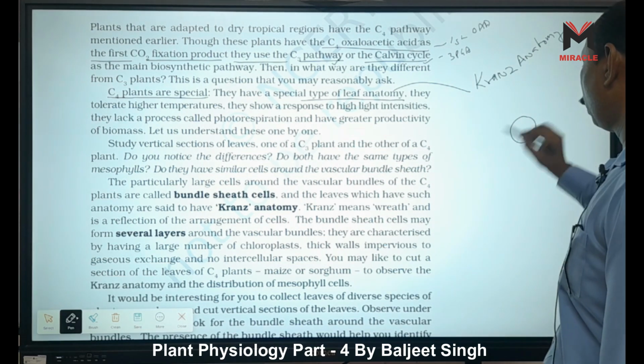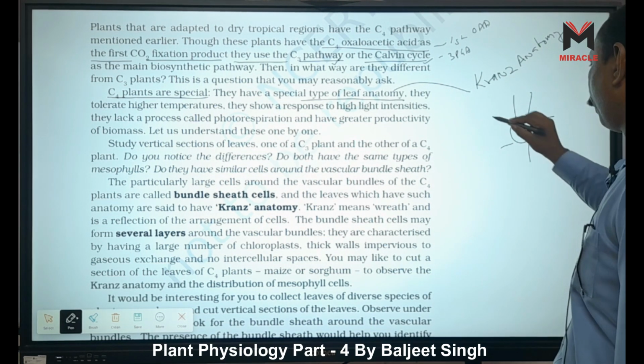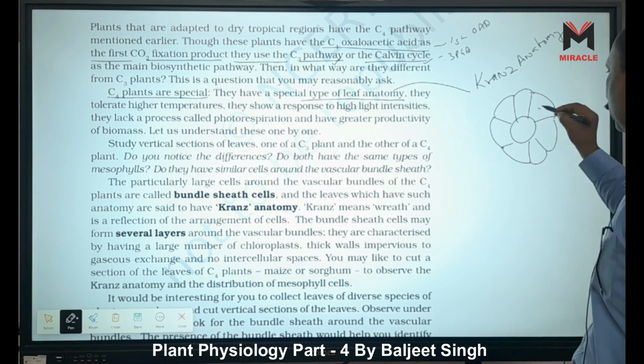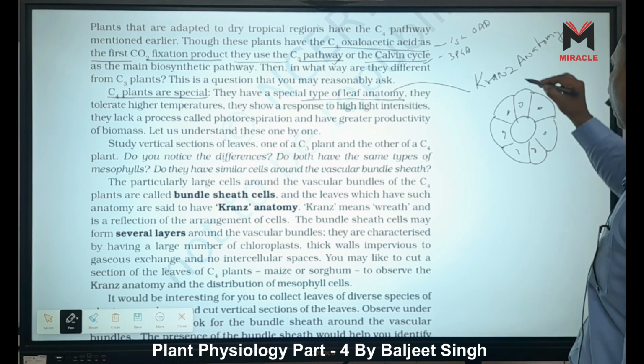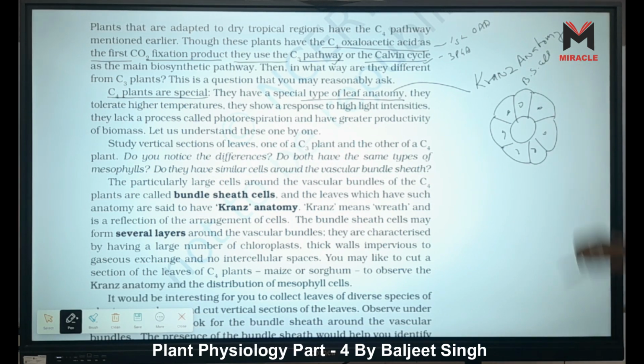Suppose this one is our vascular bundle. So they have bundle sheath cells. These are bundle sheath cells. On the outside, these are our mesophyll cells.